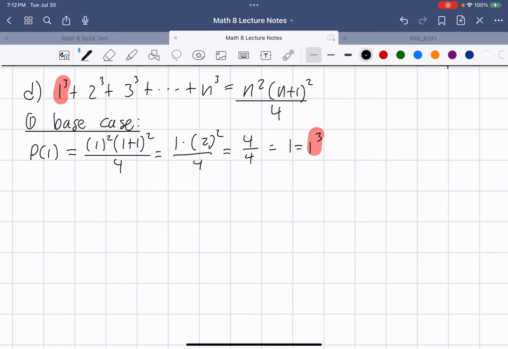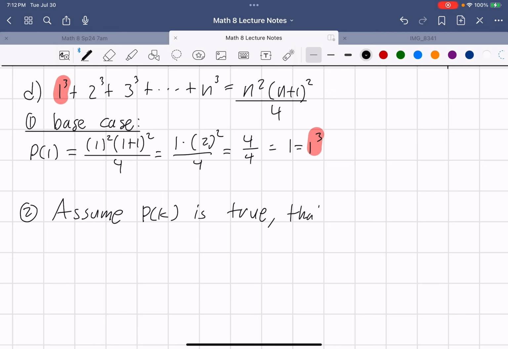Now, so far so good. Step 2, we assume P of k is true.